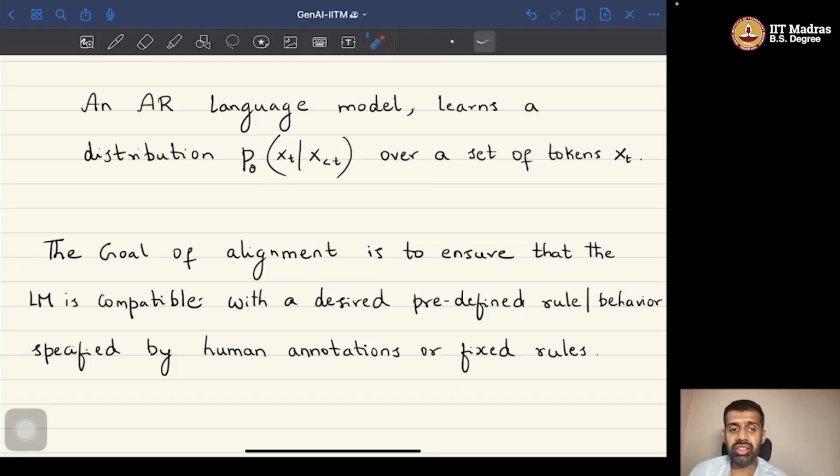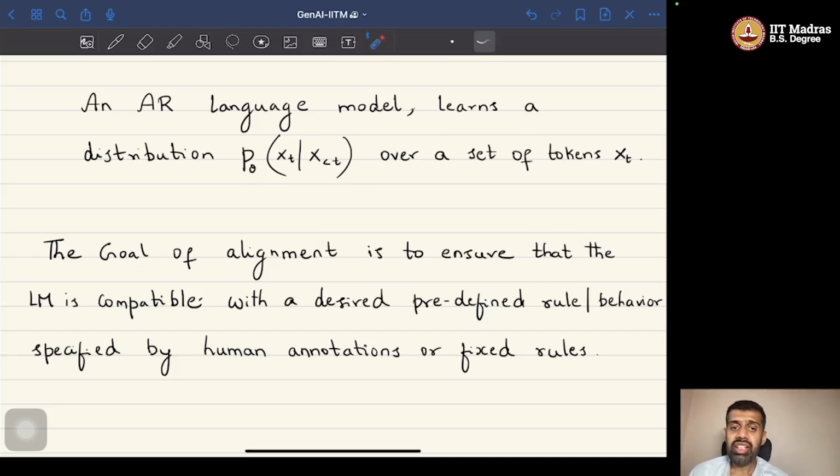Now, to ensure that the models are behaving in a way that is desirable to what a human being expects it to behave, the model has to be aligned to the expectations of human beings. Now, how do we do this?